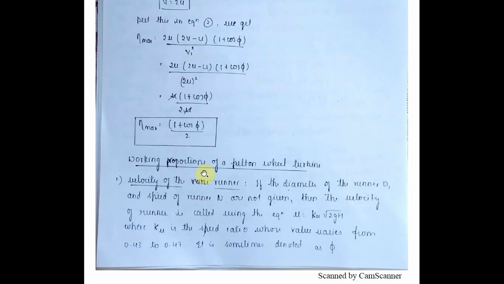Next, the working proportions of the Pelton wheel turbine. First, the velocity of the runner.